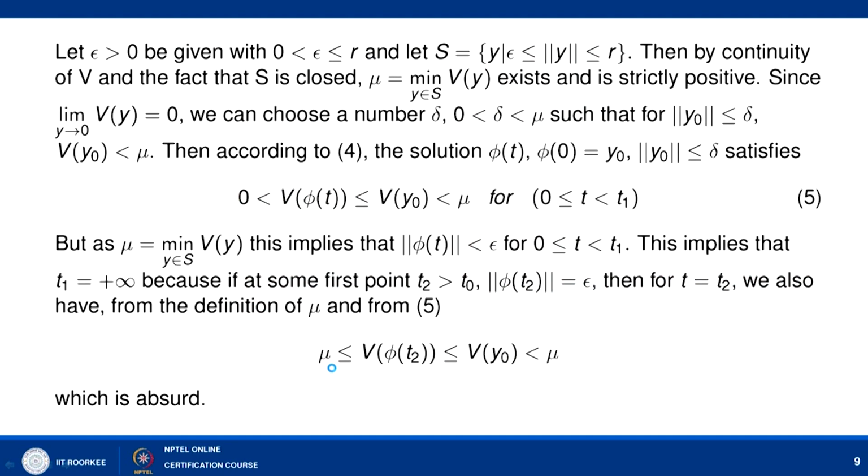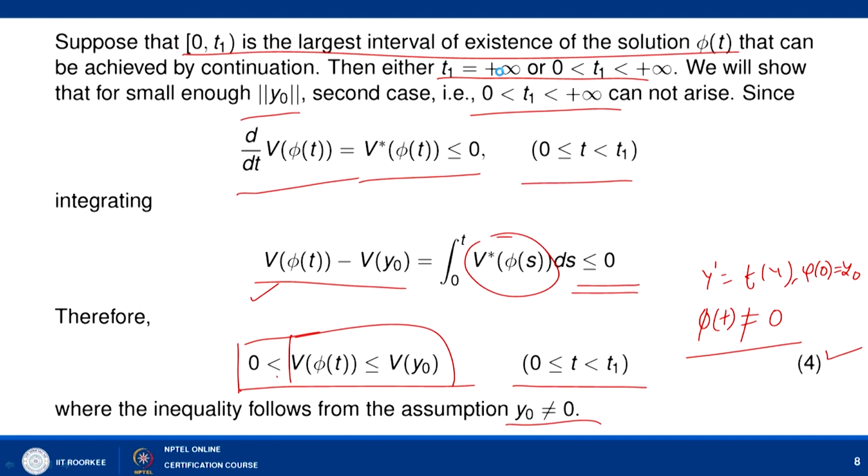So, let epsilon greater than 0 be given with 0 less than epsilon less than or equal to r, and let S be equal to all those y such that norm of y is less than or equal to r and greater than or equal to epsilon. Now, what we try to prove is that if this 4 is true, then your solution will remain very small if we take norm of y naught very small.